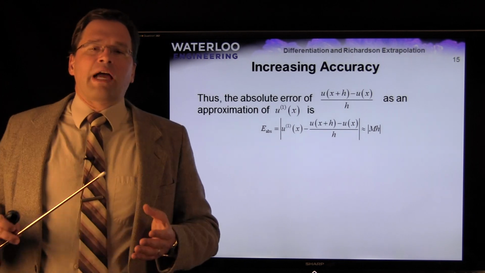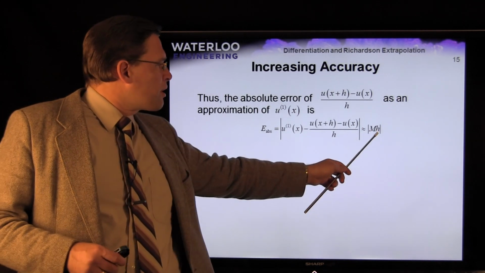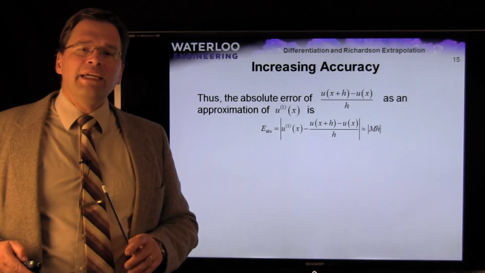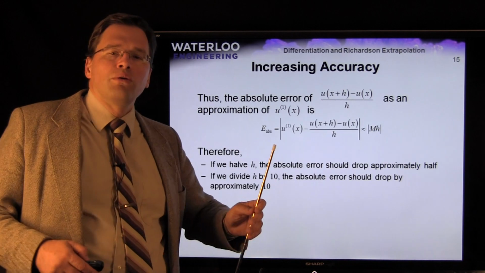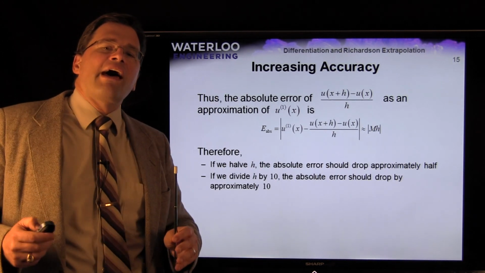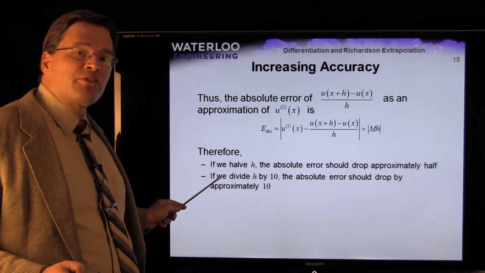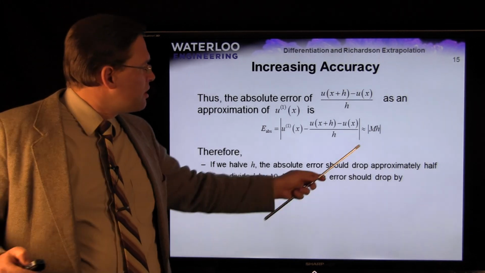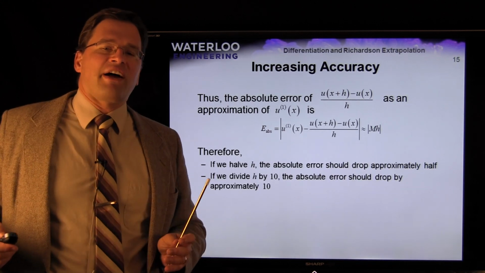So thus we have our absolute error. The absolute error of our approximation is therefore approximately equal to M times h, where M is the second derivative over 2. Similarly, if we divide h by a factor of 10, then we should also divide the absolute error by a factor of 10.